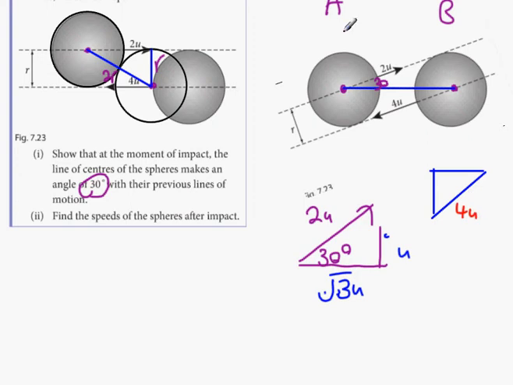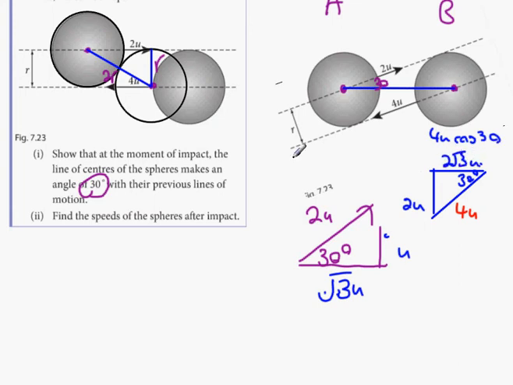It's 4u going this way, at 30 degrees, so it's just double the last one, except in the opposite direction. So it's going to be 4u cos 30 and 4u sin 30, which is 2 root 3u, and the other one is going to be 2u. Now we've got our before picture sorted, yeah?